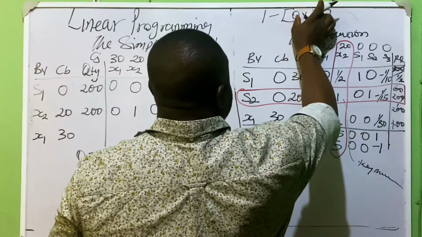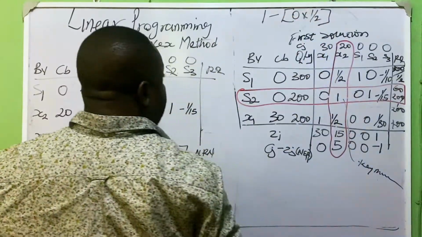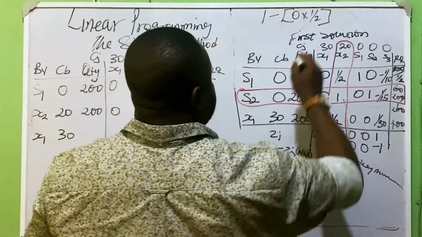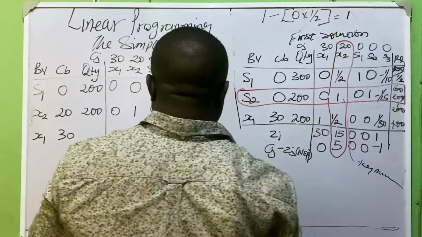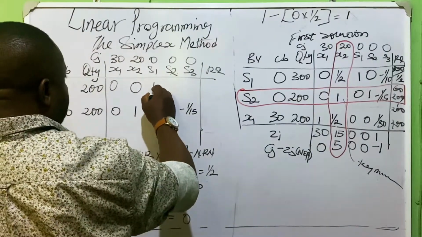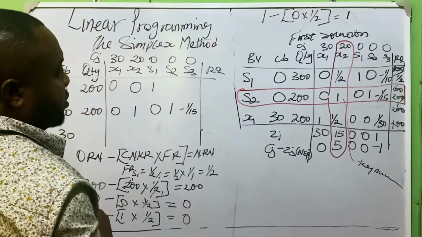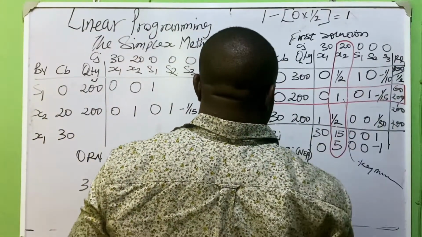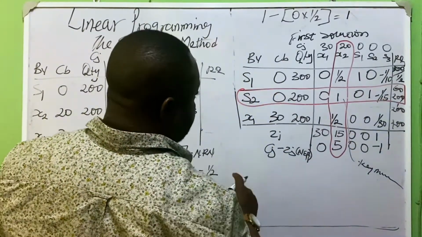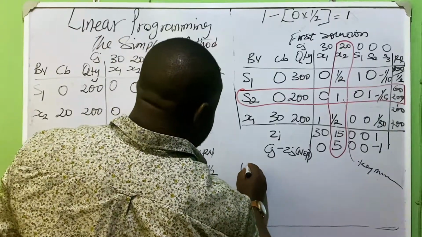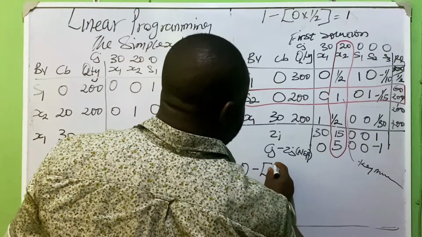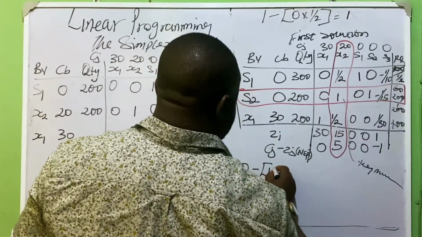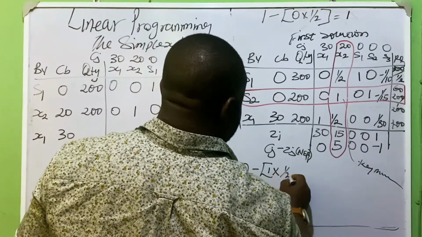So what comes out of the bracket is 0. So 1 minus this will give me 1. So this place will be 1. So the next will be to transform this 0, which I can quickly do here. So 0 minus the corresponding value to the 0, which is 1, which I have 1 multiplied by 1 over 2.